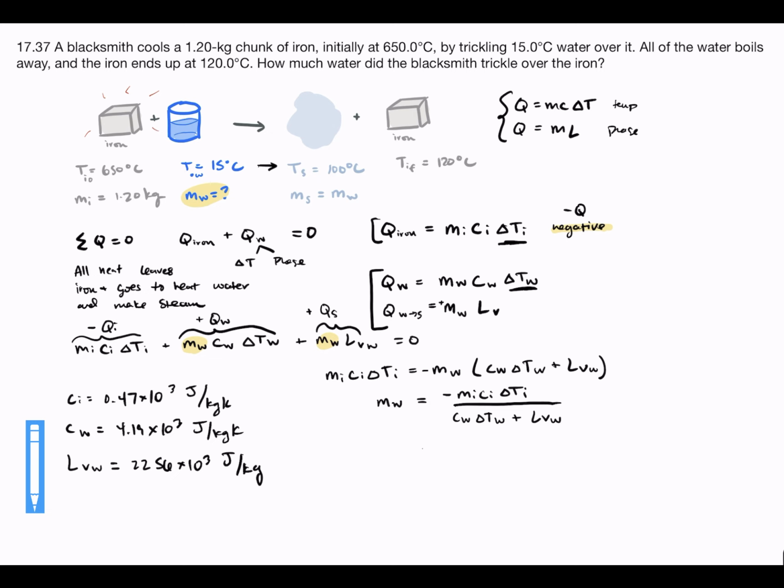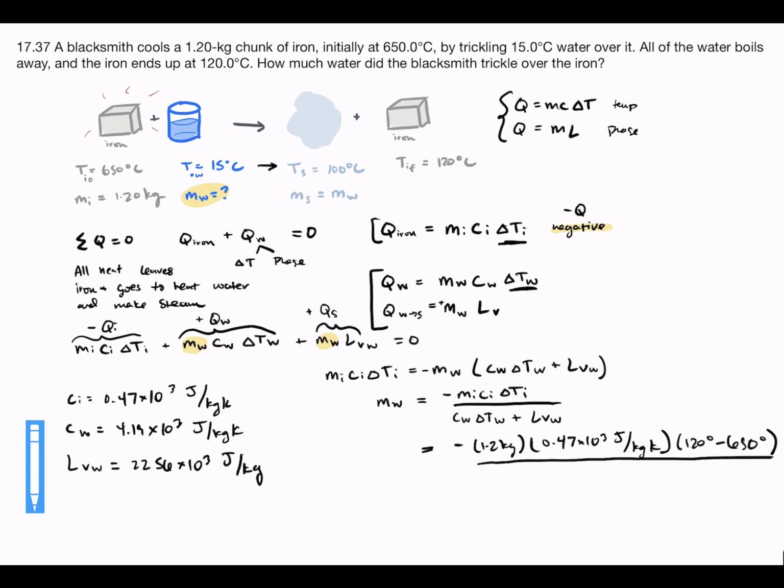So we can plug these things in. This is going to give us negative the mass of the iron, so that's 1.2 kilograms, times 0.47 times 10 to the third joules per kilogram Kelvin. We also have delta T, so that's going to be 120 degrees minus 650 degrees. Remember, this should give us a negative value, as we talked about before.